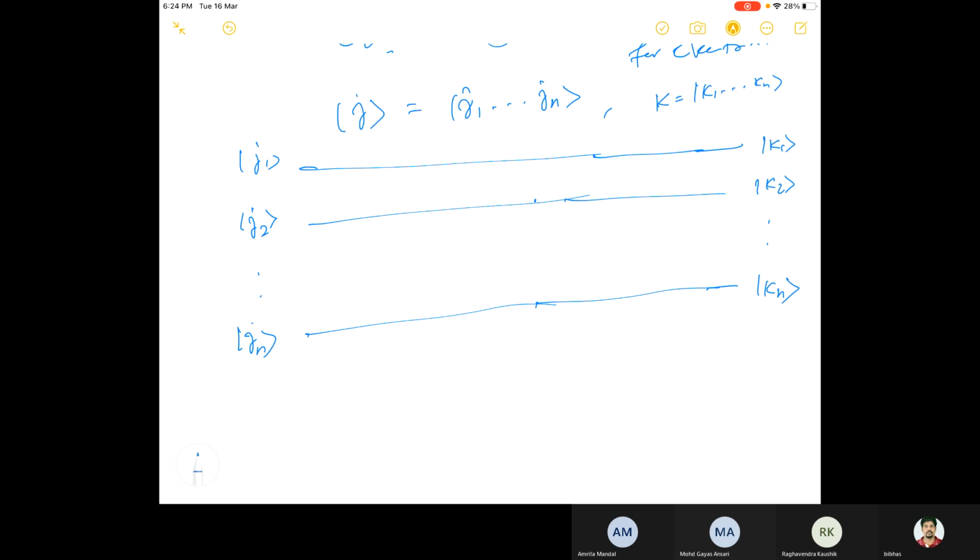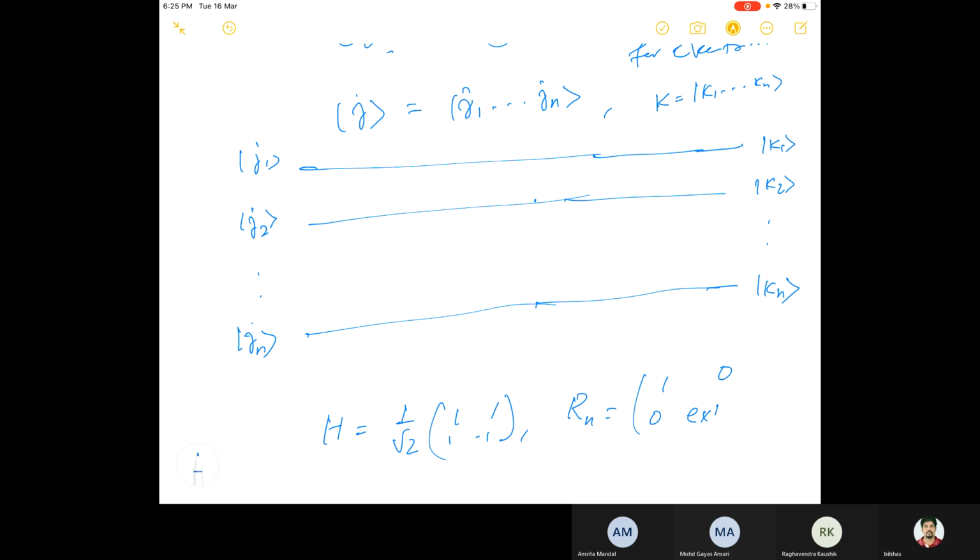Now how should we implement this, and what are the gates corresponding to this? Here we will basically use two gates. One is the Hadamard gate, 1 over square root of 2 times 1 1 1 minus 1, and another is the phase gate, but this phase is with a particular value. Let me define this Rn, which is 1 0 0.